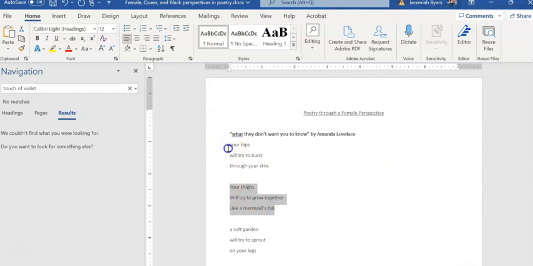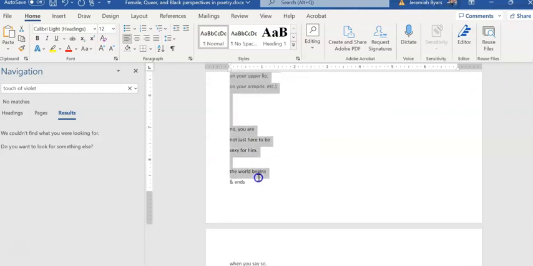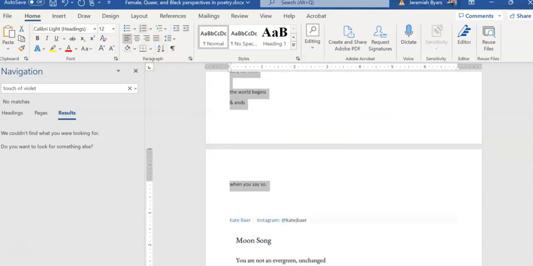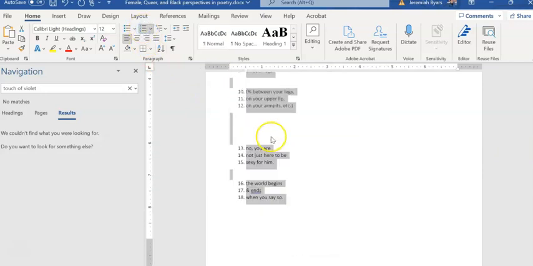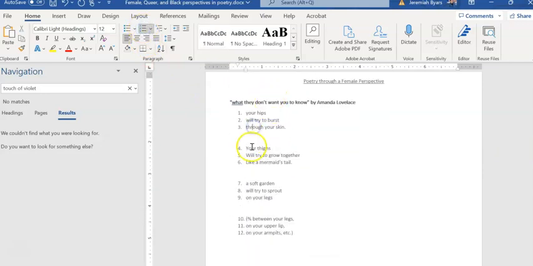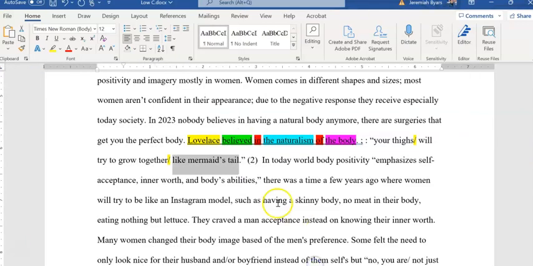So if we take this poem and number it, it's lines 4 through 6. Your thighs will try to go together like a mermaid's tail. So it's not even line 2. It's 4 through 6.